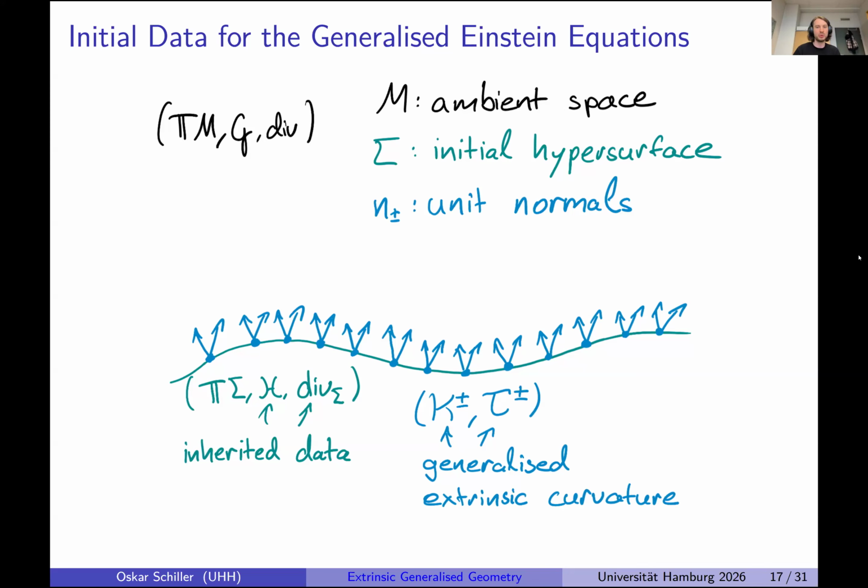We will choose two special ones, n plus and n minus. With respect to n plus and n minus, we can define a generalized second fundamental form and a generalized mean curvature. We will find that this data in total can be used to describe the initial data for the generalized Einstein equations and the constraint equations as well.